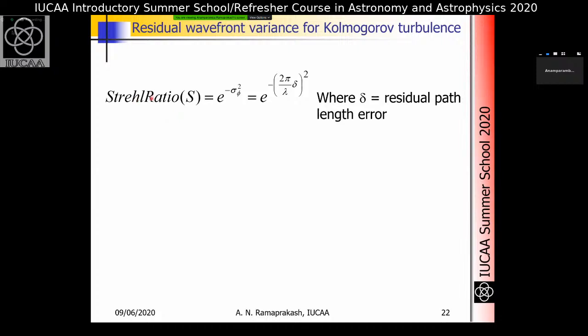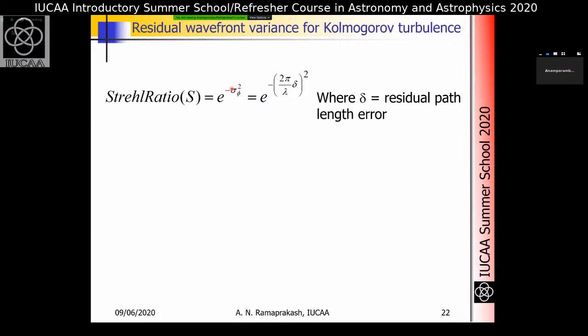This is a quantification of how good your image quality is. If the Strehl ratio is close to 1, it means that you get an ideal image. As the Strehl ratio reduces below 1, you get worse and worse effect of atmosphere. The way to quantify the Strehl ratio, you can show, is equal to e raised to minus sigma phi squared.